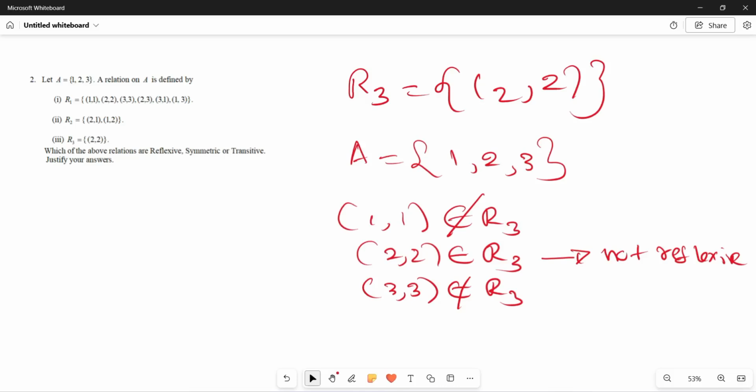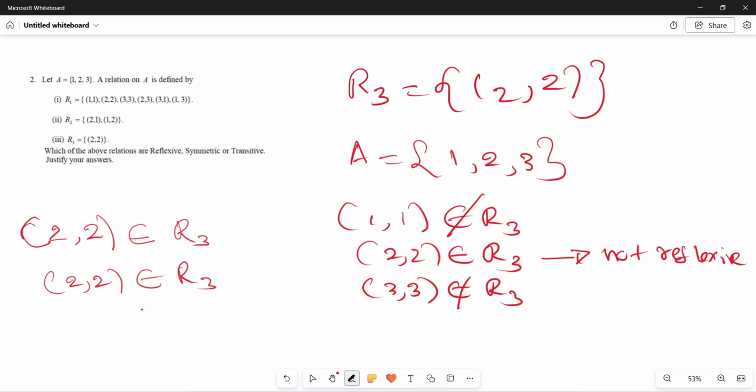What can you say about the symmetric? Taking the pair (2, 2), we know that (2, 2) belongs to R3, and the reverse of this one, also (2, 2), also belongs to R3.